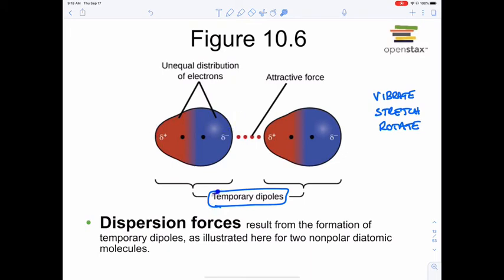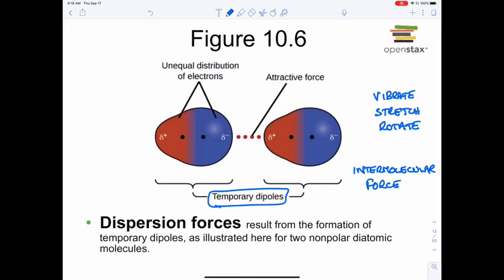It's only temporary, and during that short period of time, there's an attraction to another molecule, which is doing the same thing. Because this attractive force is between two molecules, we call it an intermolecular force.